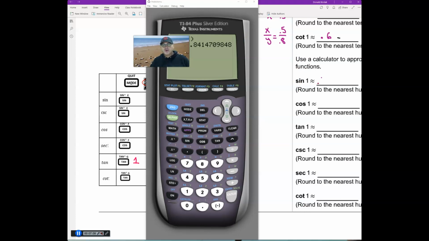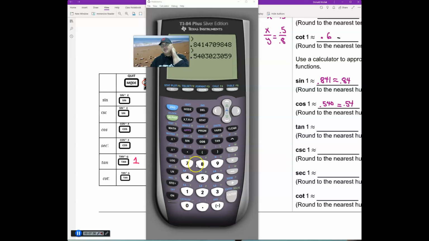So we have 0.841, and that would round to 0.84. Cosine 1, enter. And that gives me 0.540, which would be 0.54.